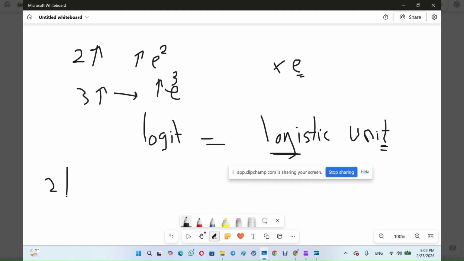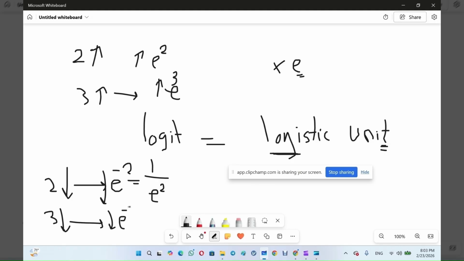Two logits decrease means a decrease in the odds by E to minus 2, which means 1 over E squared. Three logits decrease means decreasing by E to minus 3, which means multiplication by 1 over E cubed, or simply division by E cubed. So that's what it means. It's as simple as that.